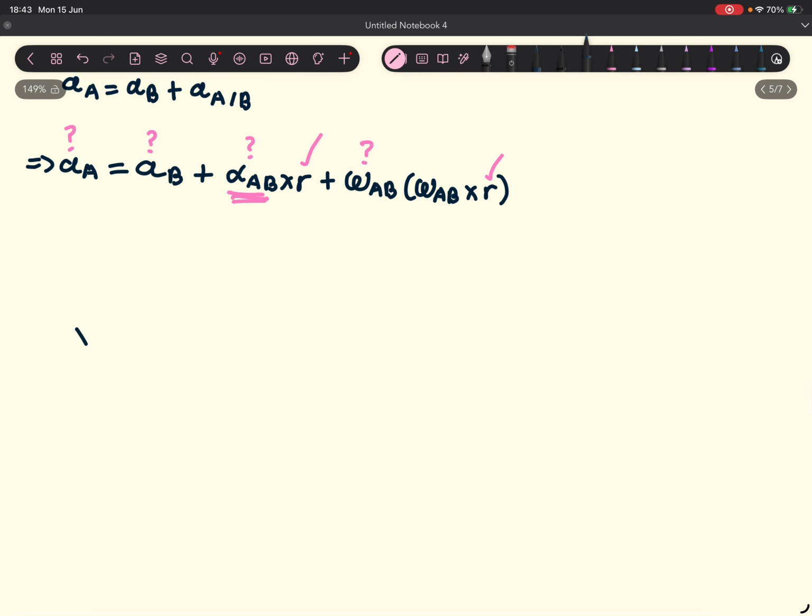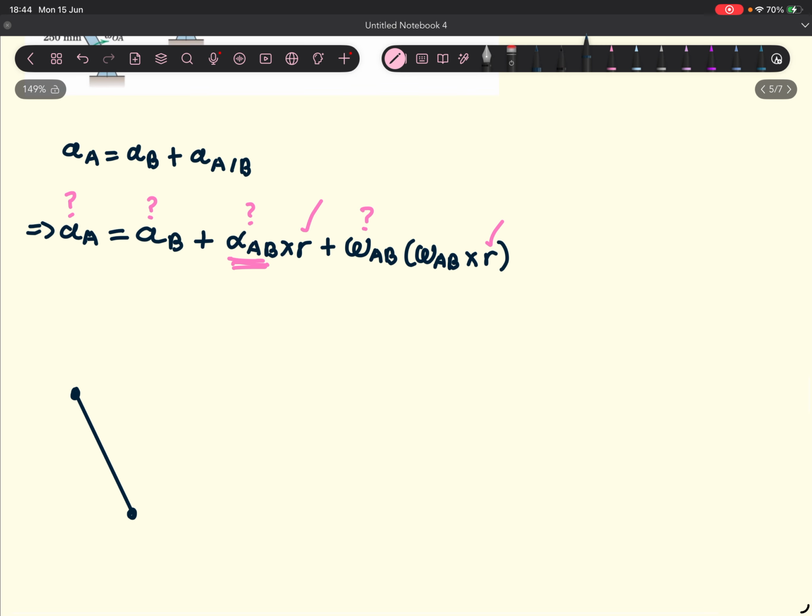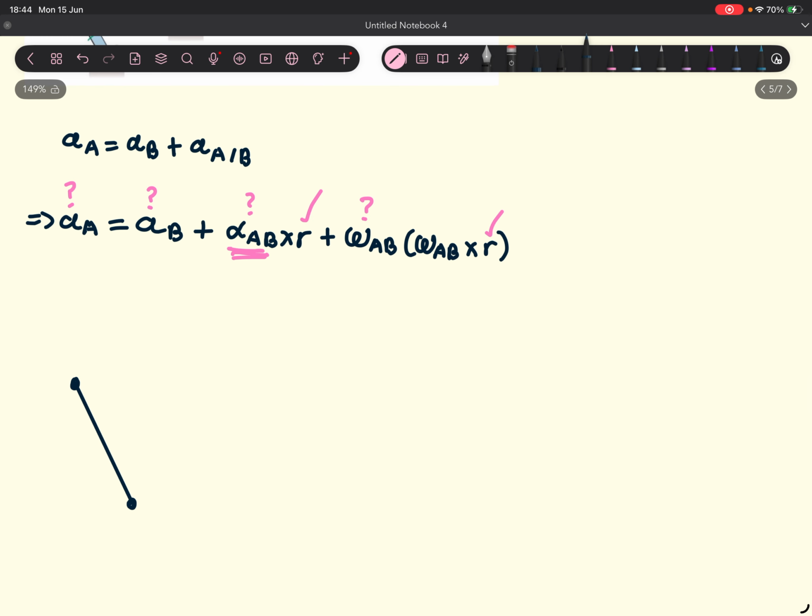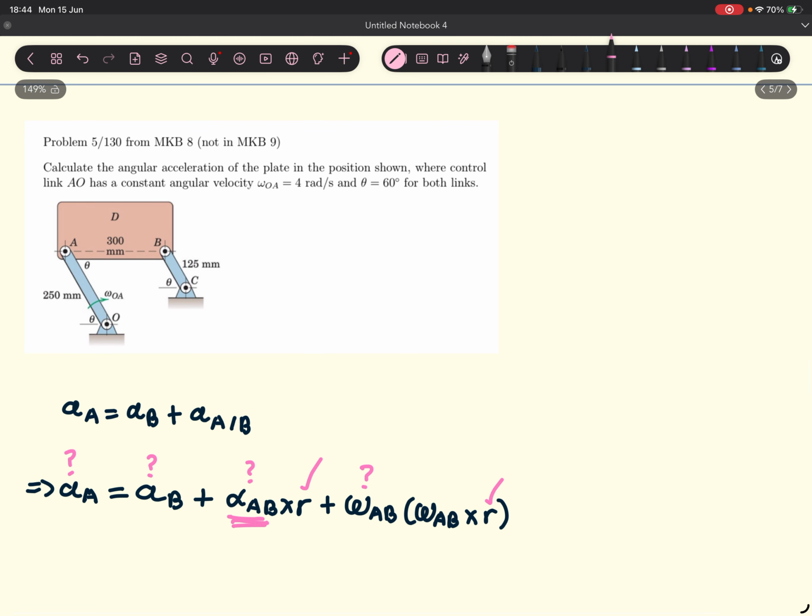So we're first going to analyze the link AO, right? And we're first going to try and solve for omega AB. So to solve for omega AB, we need to do the velocity equation.